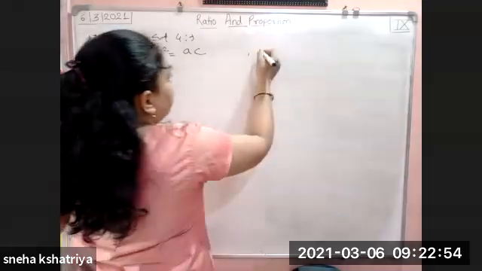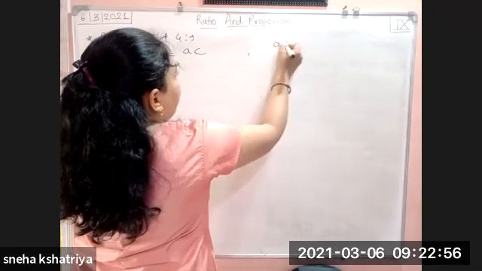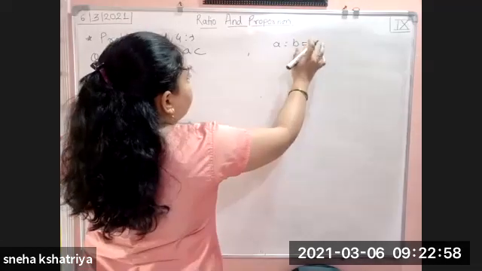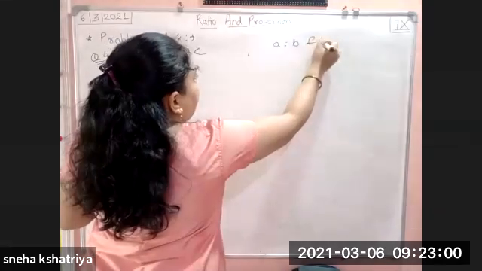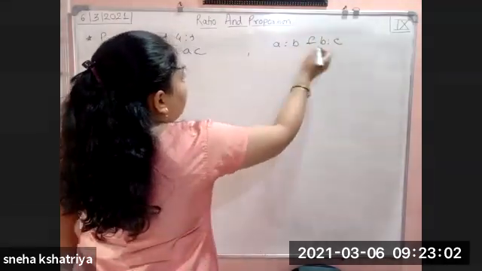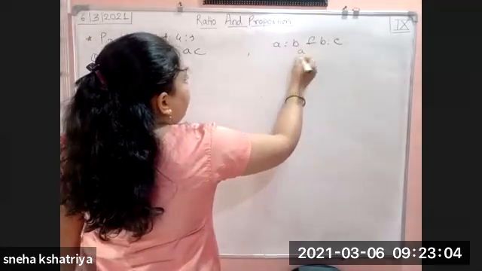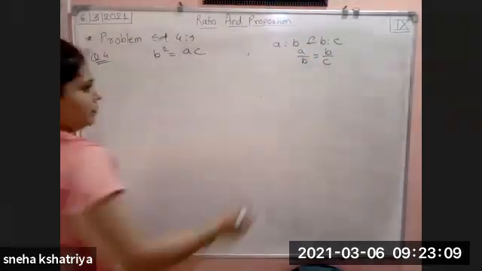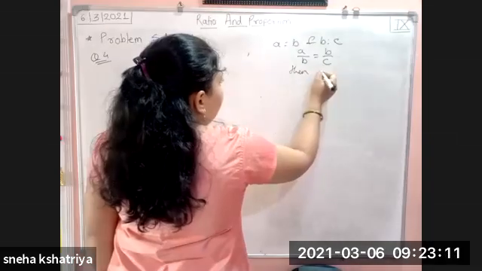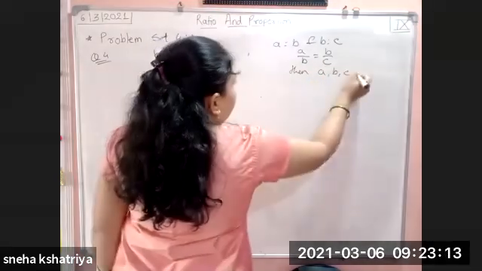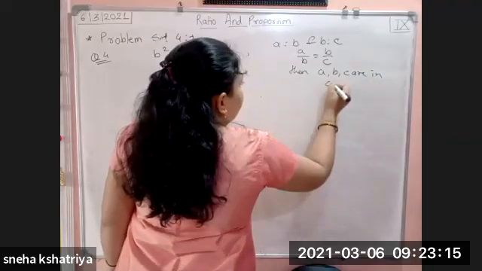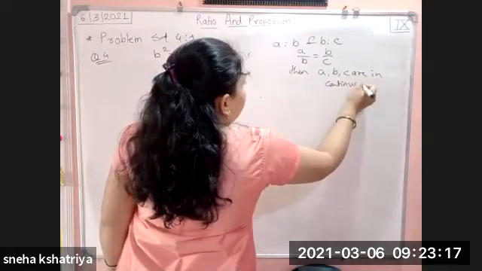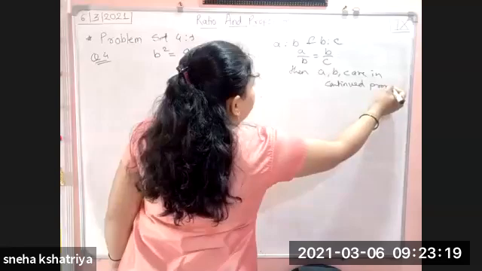When 3 numbers are in continued proportion, if A is to B is equal to B is to C, these two ratios are given, then A upon B is equal to B upon C. Then A, B, C are in continued proportion.